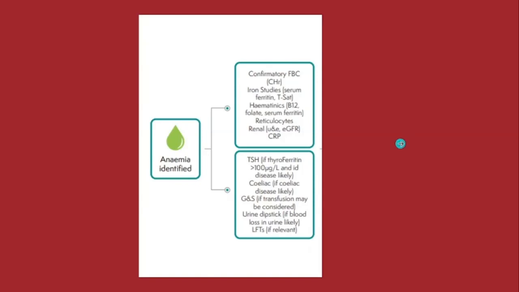There are other lab tests that you can request, such as iron studies and renal function, and according to your primary diagnosis you can ask for TSH to evaluate the thyroid.